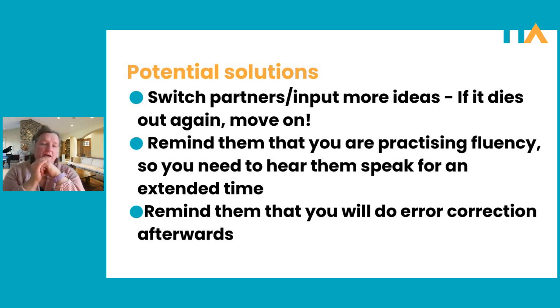We're not worried about accuracy so much, but just focus on fluency, right? So they need to fill the time. If you give them 5 minutes, they need to use that time speaking for 5 minutes. And then let them know that yes, you will correct the errors at the end, so they don't need to worry about that so much.